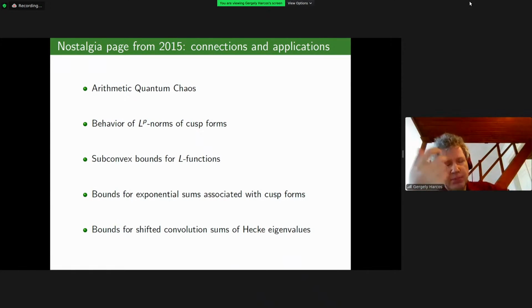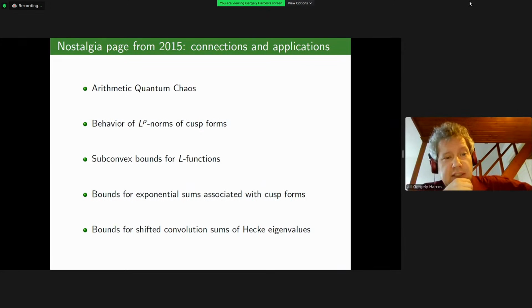If you take the absolute square of an L2-normalized eigenform and associate to it the corresponding probability measure, then taking a sequence of eigenforms, say with growing Laplacian eigenvalue, you would like to see that these probability measures tend in the weak-star limit to the uniform distribution.